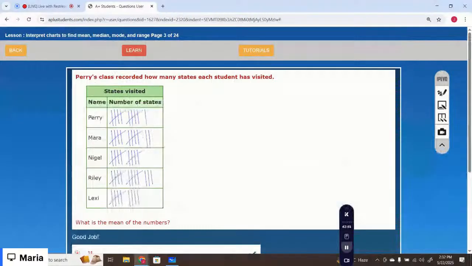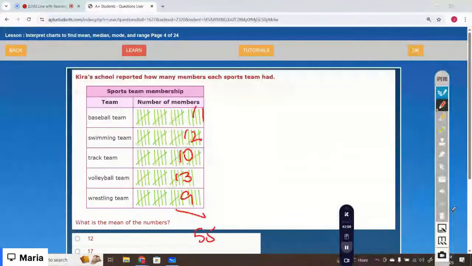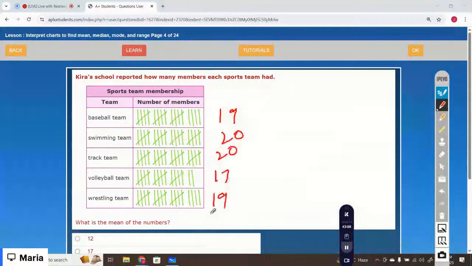A team reported how many memberships each sport team had. We need to calculate the mean.